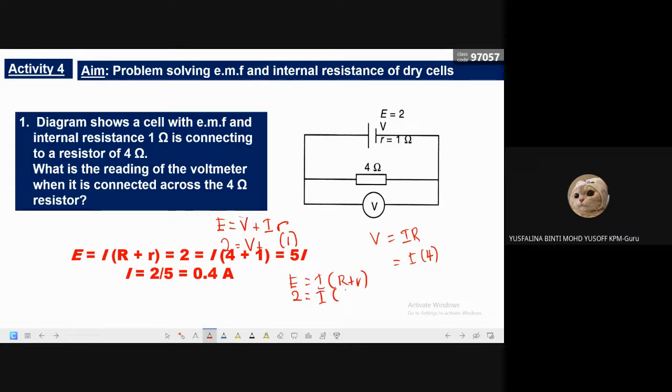Your R is 4, your r is 1, so 2 is 5I. So I equals 2 over 5, which is 0.4 ampere. So we don't use this one, we use another one that we already derived, because we don't know the value of V here.